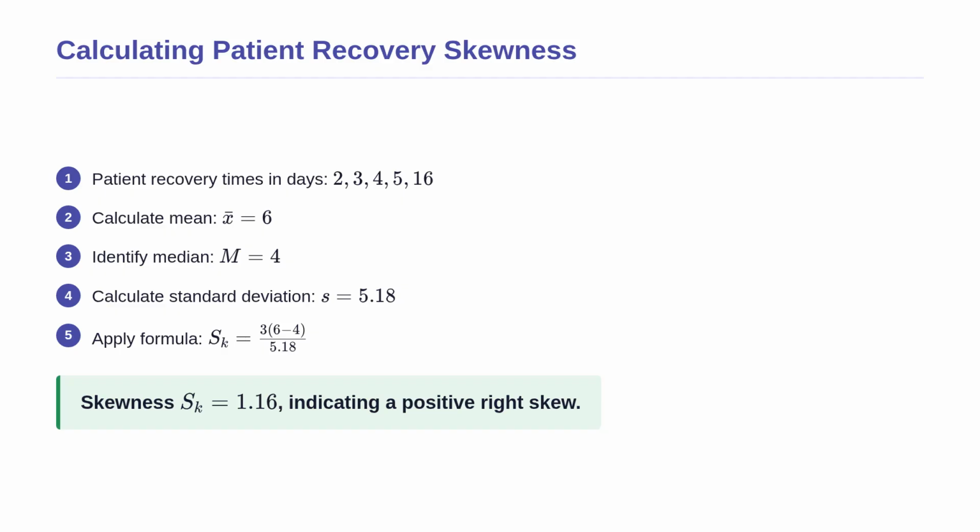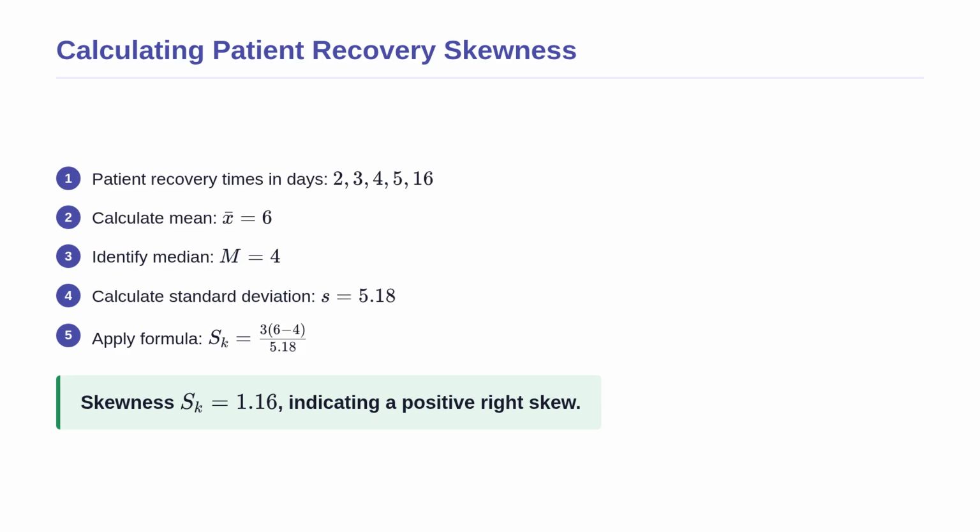Now that we have our formula, let us see this with a concrete example. We are studying the recovery time in days for 5 patients. The times are 2, 3, 4, 5, and 16 days. We want to determine if this data is skewed. First, we calculate the mean by adding the values and dividing by 5, giving us 6 days. The median, our middle value, is 4 days.